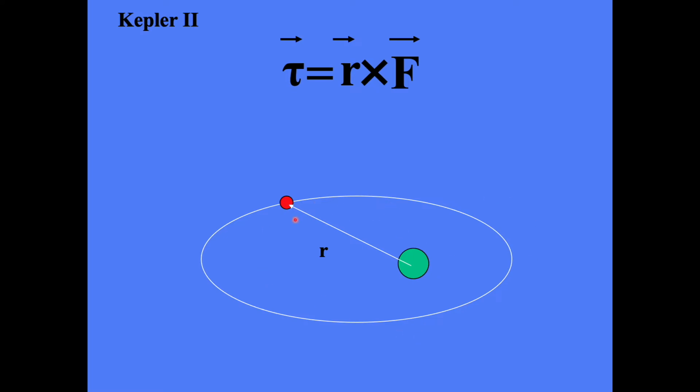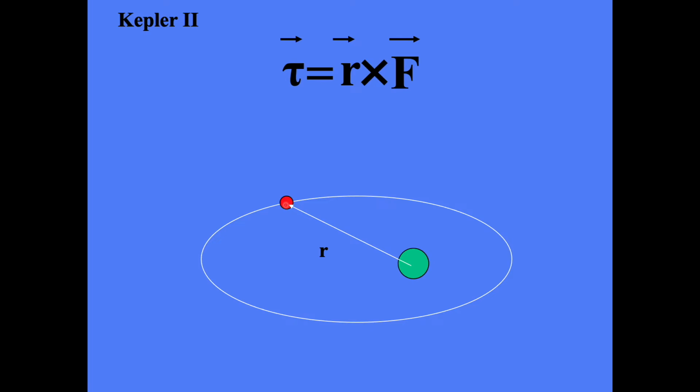And I want to consider the torque acting on the planet. Now, if we think about it, the force vector is along that white line joining the planet and the Sun. The r vector is also along that same line joining the two.